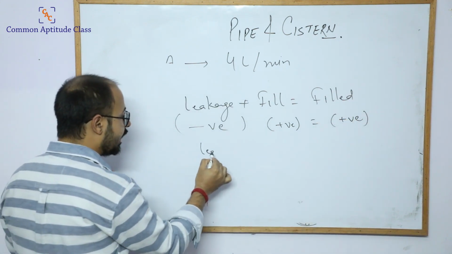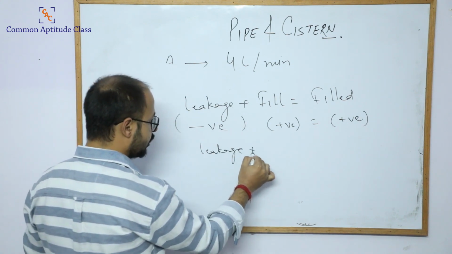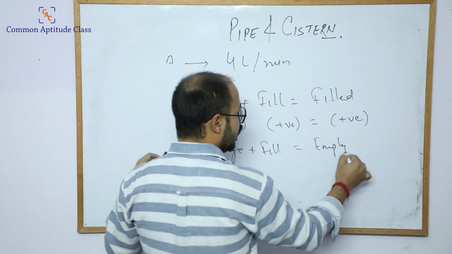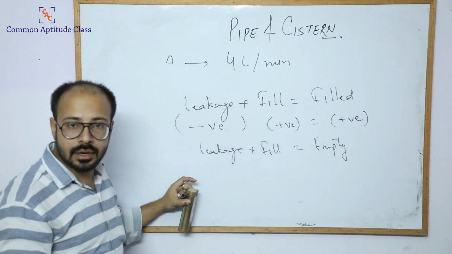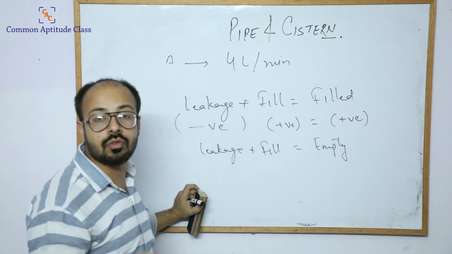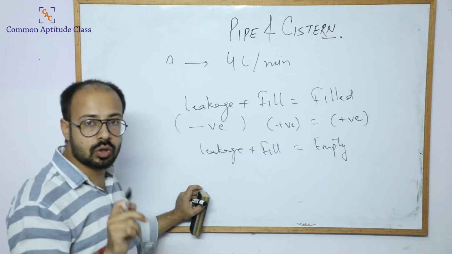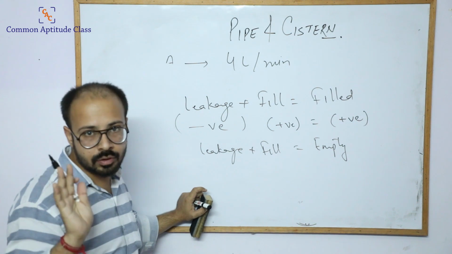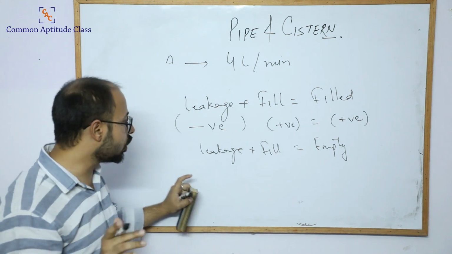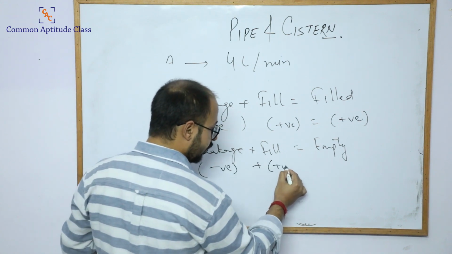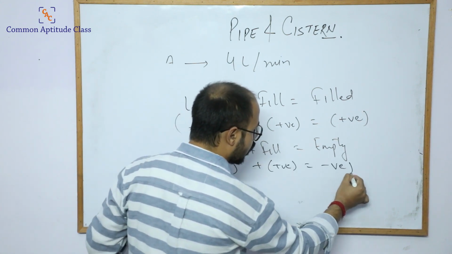Second, leakage plus filling is equal to empty. Now the tap is open to fill and a tap is open to remove. If the capacity to be removed per hour or per minute is more than the filling, then the tank will be emptied. So negative, positive and again negative.